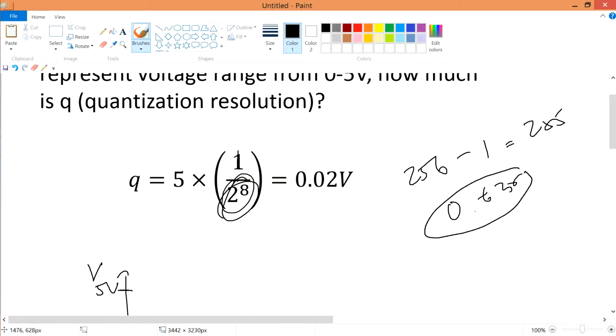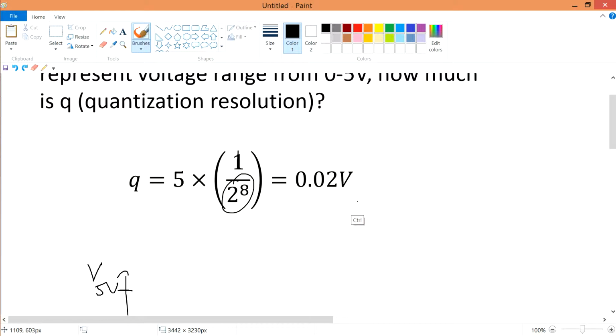So if 0 is a value, 0 to 255 is actually 256. If it's 0, 1, 2, all the way to 255, then in total there are 256 numbers, because 0 itself is considered a number. I don't want to go into details on that, but at least you know that we can represent our 5 volt as 255 values.